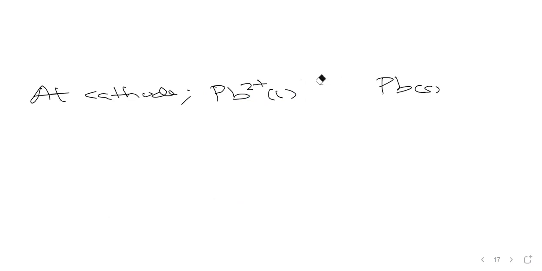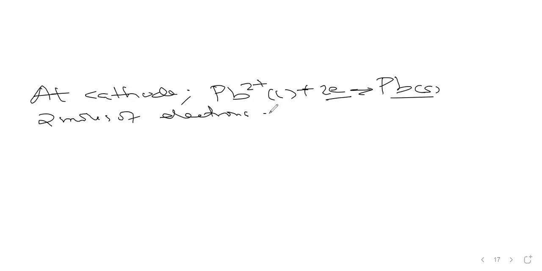So if it's giving us lead metal, then we should add 2 electrons there. If 2 electrons are depositing this mass, which is 1 mole of lead, then 2 moles of electrons deposit one mole of lead.